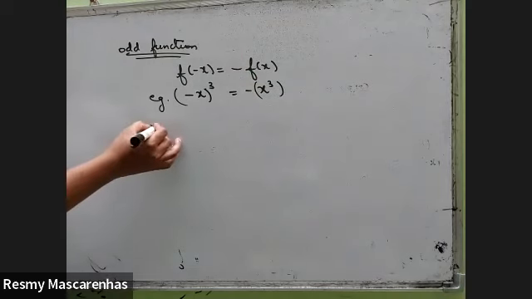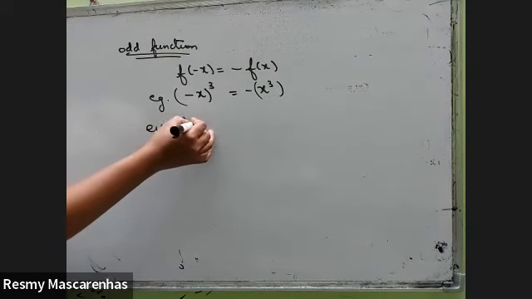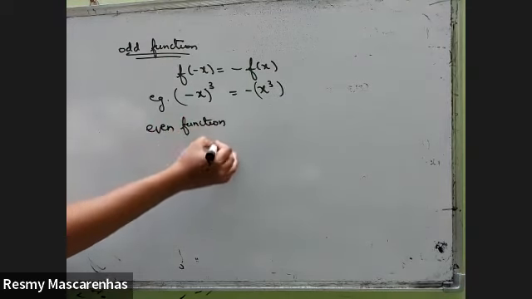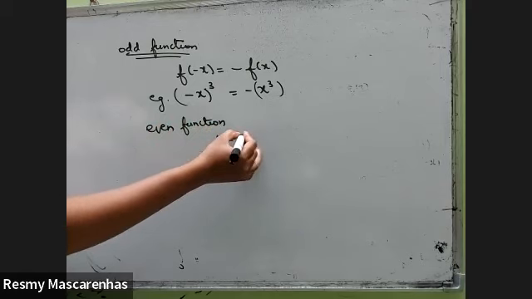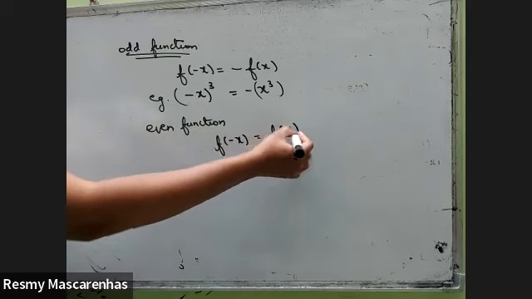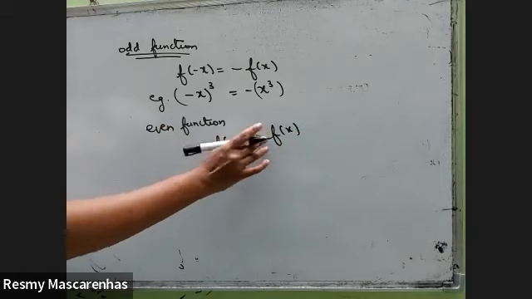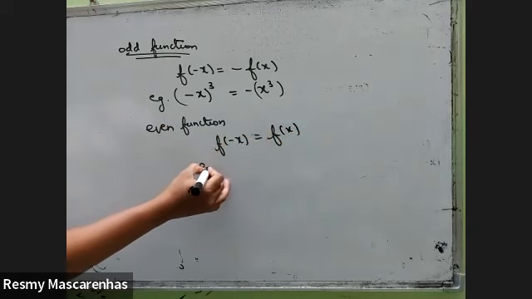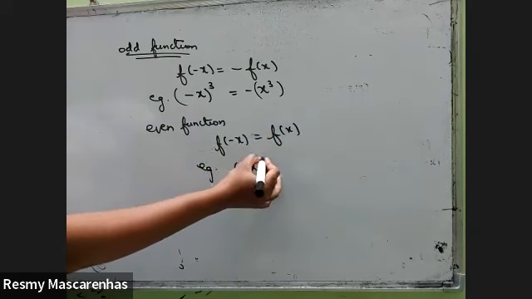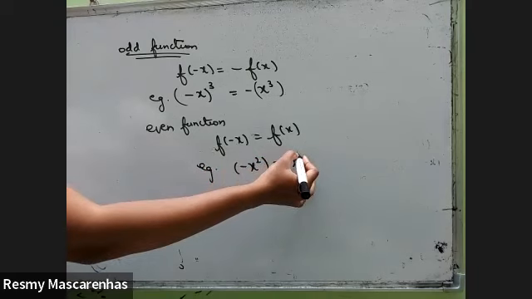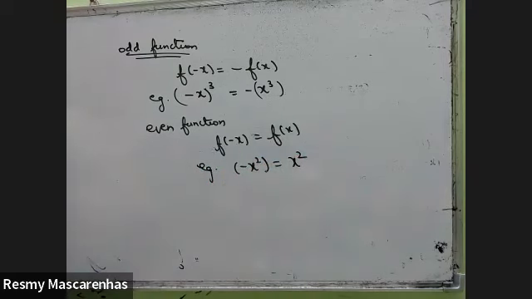Even function: f of minus x is positive only. From f of x, no minus comes out. Example, minus x square is still x square only. x square is an even function and x cube is an odd function. How do I know?